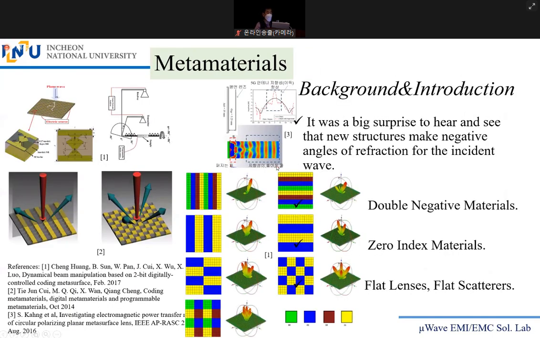you should see this. I designed a lens for LG Innotek several years back for their 5G and car radar system. You can see the source antenna here, where the energy is diverging but goes through the planar metamaterial lens, which plays the role of a convex curved structure.